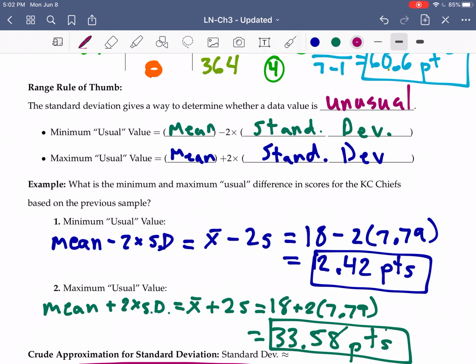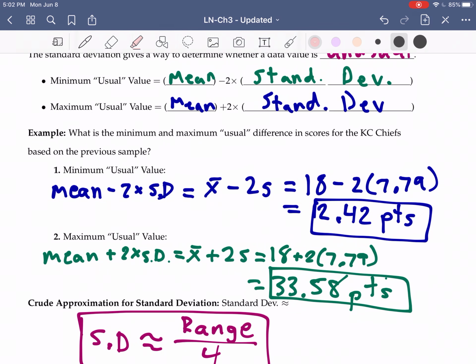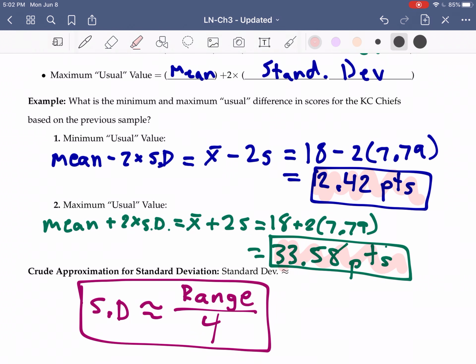This method that we found to determine unusual is called the range rule of thumb. And so the range rule of thumb to determine usual and unusual values, this is what we did. This crude method for approximating the standard deviation is also called the range rule of thumb.